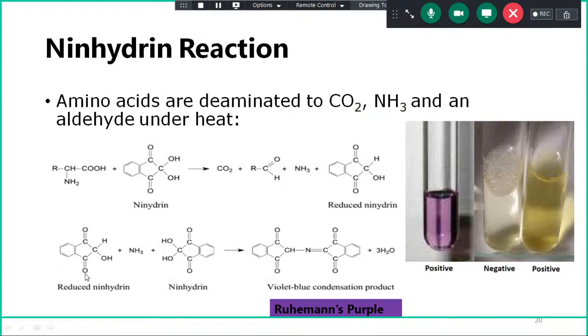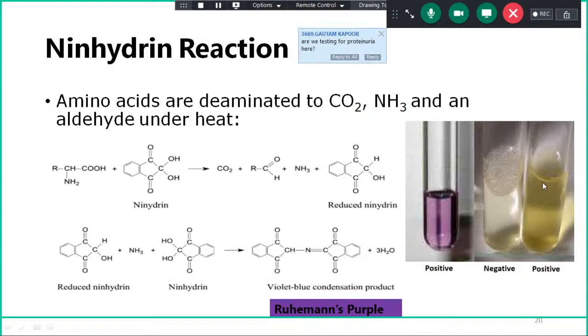Now this reduced ninhydrin reacts with the ammonia and another molecule of ninhydrin, forming a complex compound, also known as Ruhemann's purple, because this is a purple colored compound. So if the solution gives this purple color, that means protein is present. And this is negative.